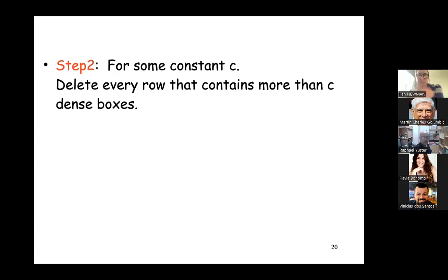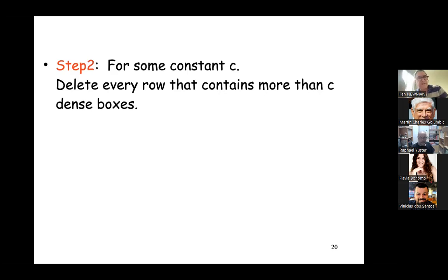So we choose some appropriate constant C and delete every row that contains more than C dense boxes, because on the average we have linear in square root of n. I'm sorry. So we already assumed that we have at most order of square root of n dense boxes. So on average, we have a constant number per column and per row.